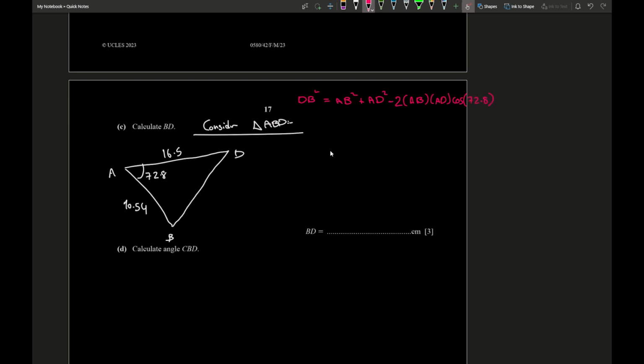So BD squared is equal to AB squared plus AD squared minus 2 times AB times AD times cosine 72.8. If I take the square root of this, BD is equal to the square root of all of that.